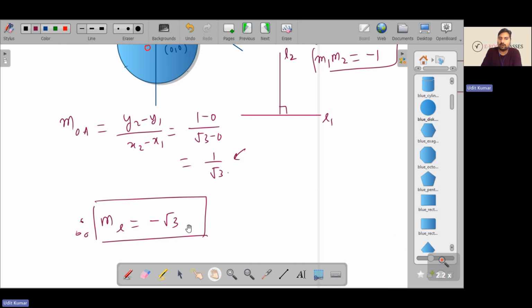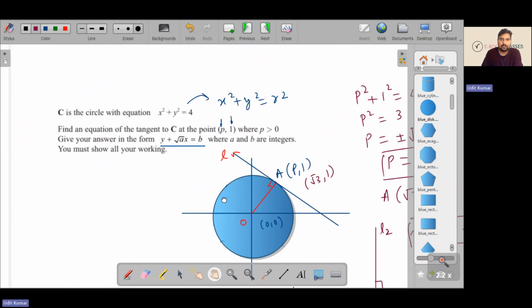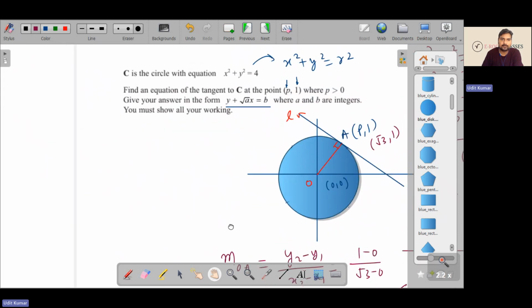So now we know the value of the slope of line L, right? So what will be the equation of this line? The equation of a line can be given by y equals mx plus c, right? So y equals, what is the slope? Slope is negative root 3, so negative root 3x plus c. Now, we don't know the value of c.